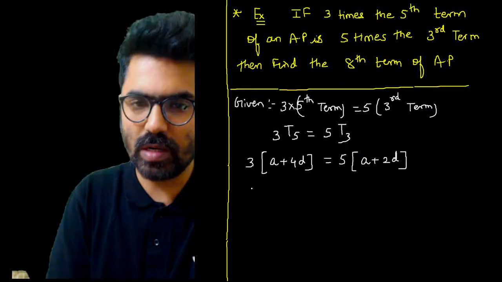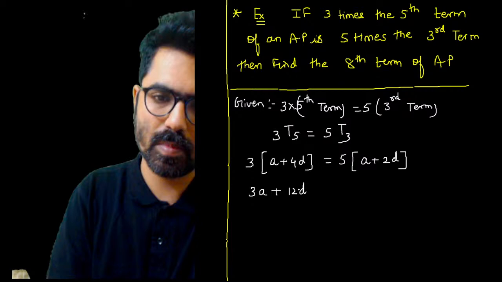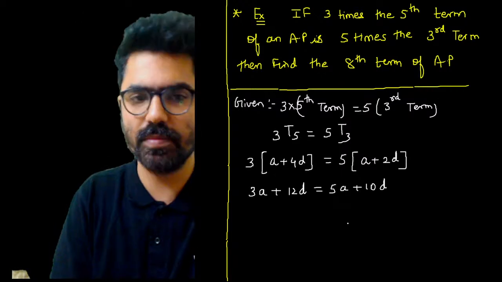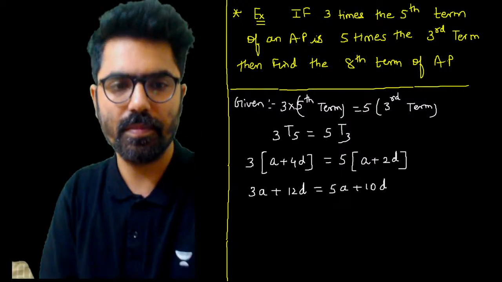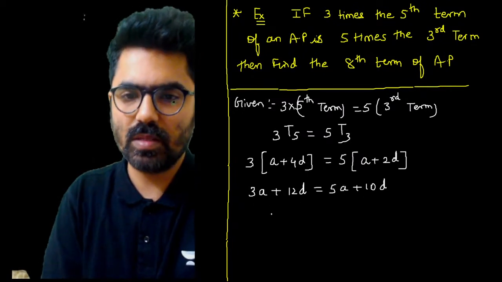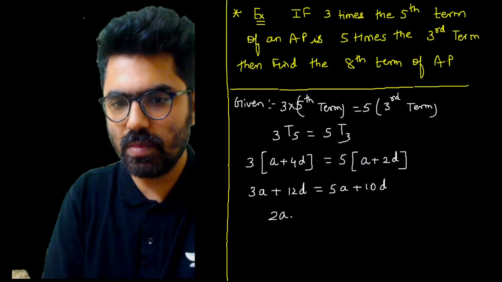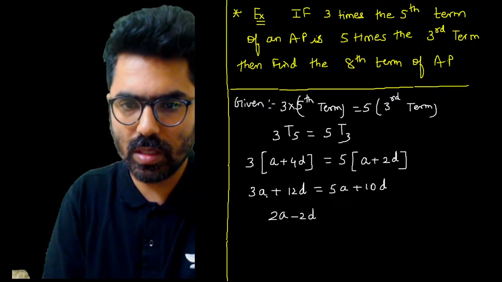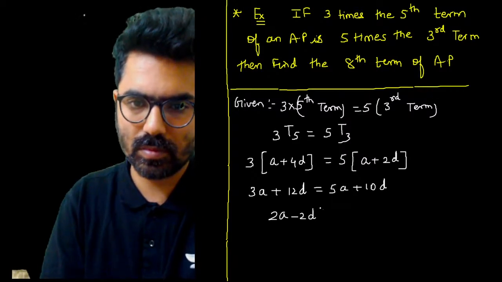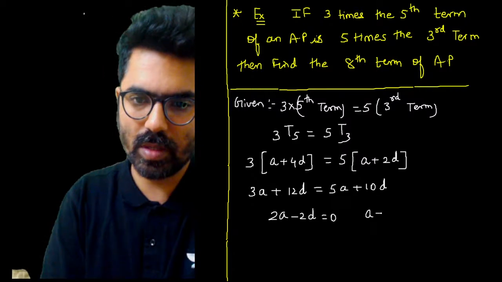If you try to solve this, you'll get 3A plus 12D equals 5A plus 10D. So 5A minus 3A is 2A, and 12D minus 10D is 2D. So from here we have got A is equal to D.